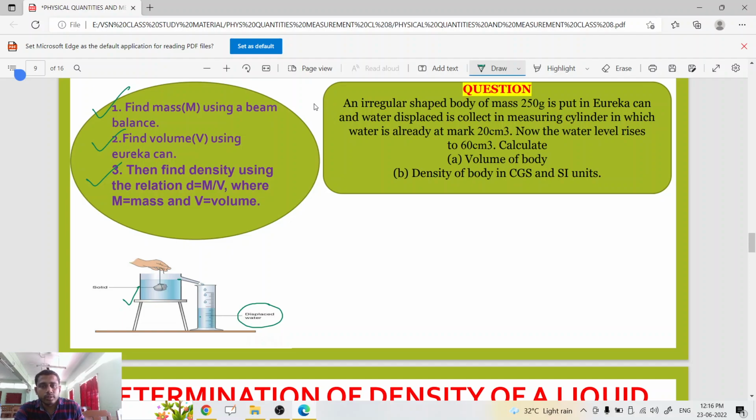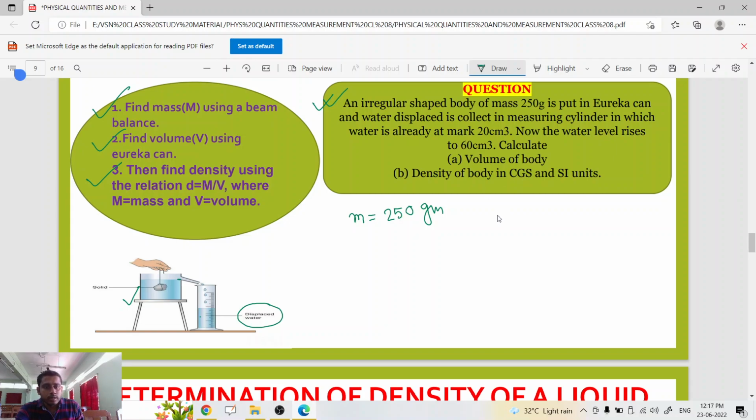Here we take one example. An irregular shaped body of mass m, that is 250 gram, is put in a eureka can, and the displaced water is collected in a measuring cylinder in which water is already at the mark 20 centimeter cube. Now the water level rises to 60 centimeter cube. First, calculate the volume of the body.